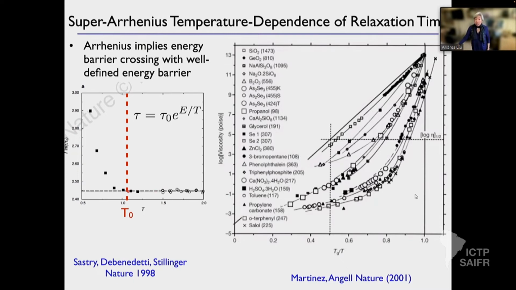Here is the temperature times the log of the relaxation time. Again, if you have something like this, it would just be the energy barrier E. Above the onset temperature, you see it's constant with temperature. It really is just an energy barrier that's constant with temperature. But if you go below this onset temperature, you see it start to shoot up. So that's the energy barrier getting higher as you lower the temperature.